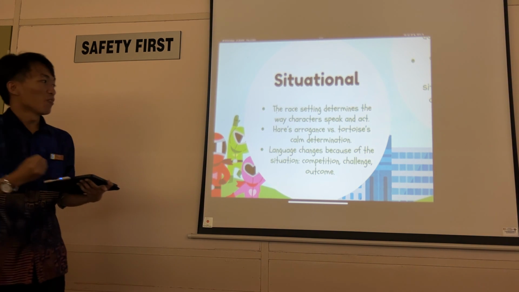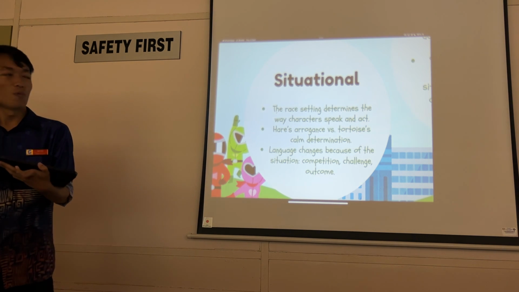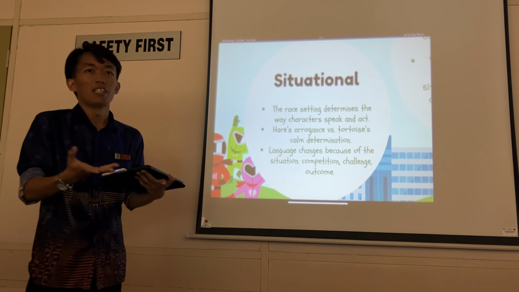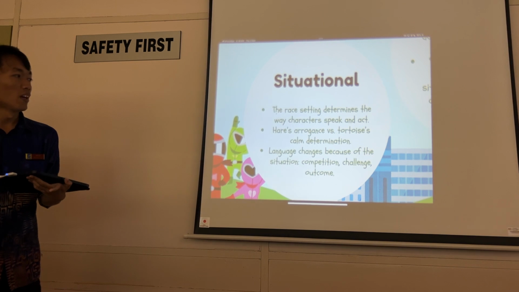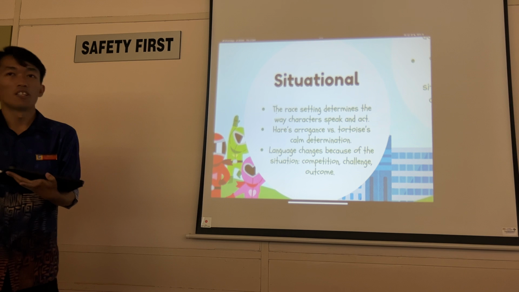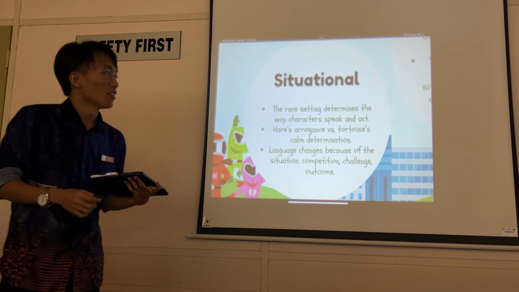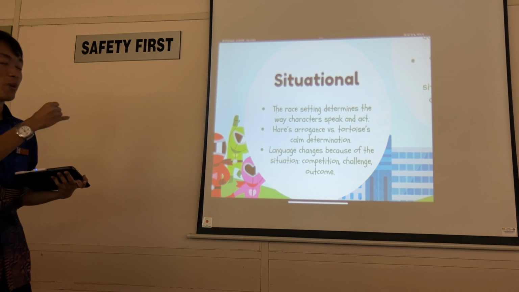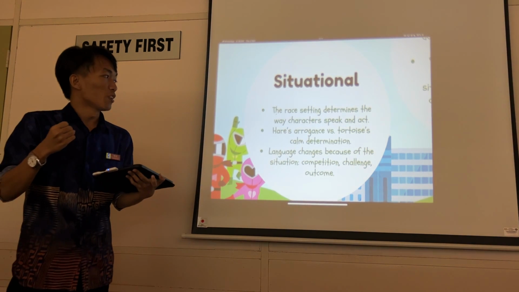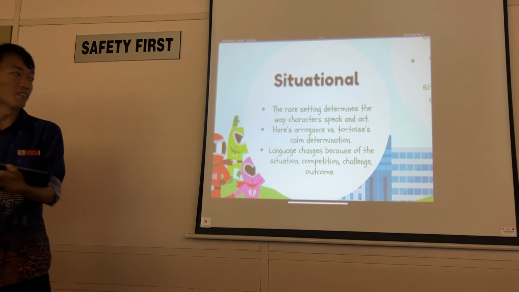So the confidence that the hare had at that time brings the arrogance, so he thinks it must be easy to beat the tortoise in a race. And the tortoise's calm determination during the race, when he saw that the hare was sleeping, was resting, that's when the determination to continue the race came, and he ended up winning the race.